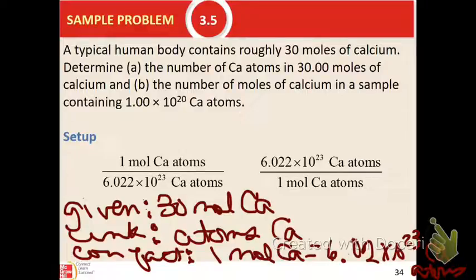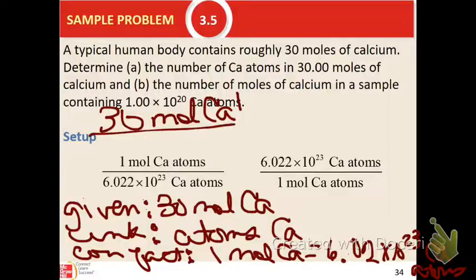So I'm ready to solve. And I'm always going to solve by starting with my given. My given is this 30 moles. So I'm going to put that 30 moles of calcium over 1, or over, if you have to put your little smiley face or whatever. And since moles of calcium is on top right here, I'm going to put my moles of calcium, and remember where those come from.